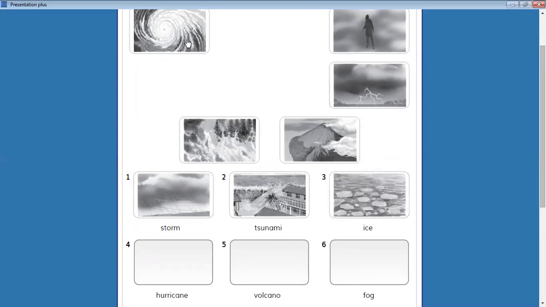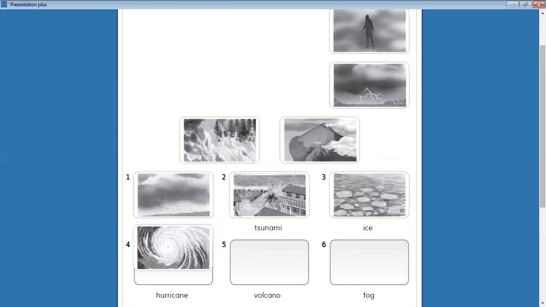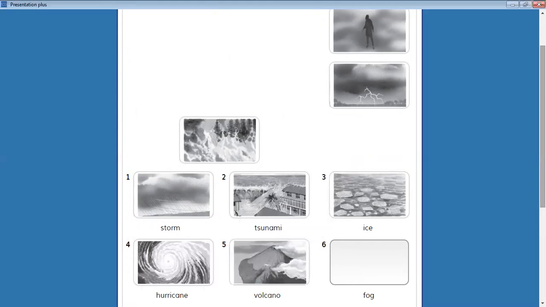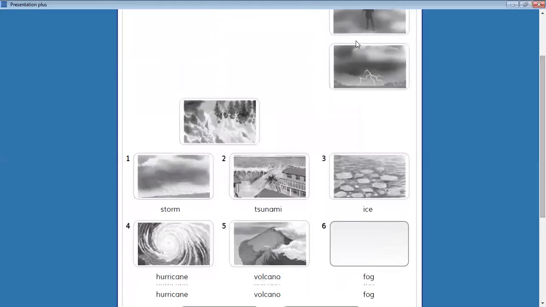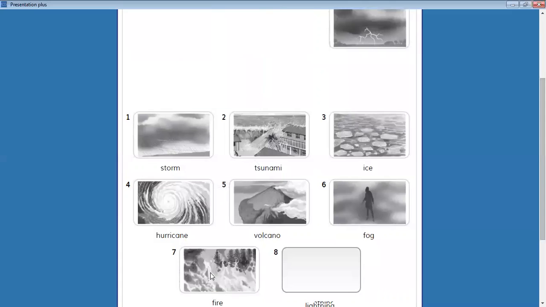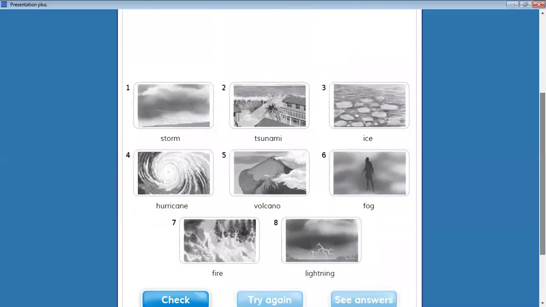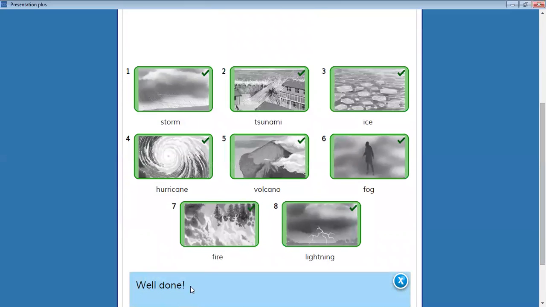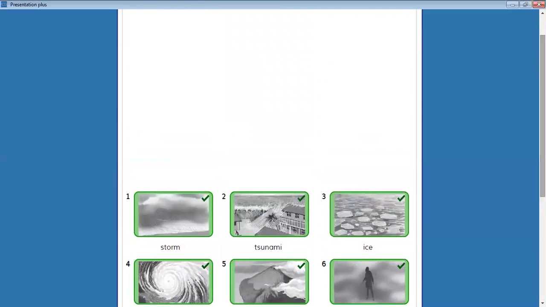Hurricane, this is the hurricane. Volcano, here we have the volcano. Fog, this is the fog. Fire in the forest. And here we have the lightning. You see? This is the correction of this exercise.